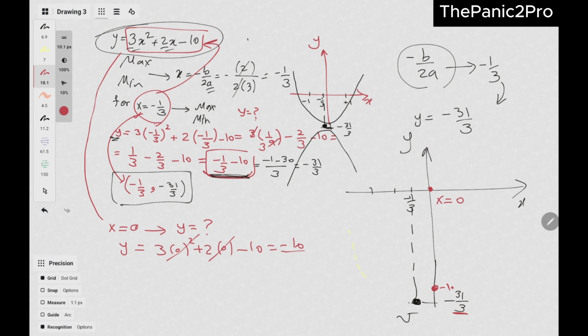So if I am sure that these two points must be on a quadratic equation, there is no way that this has to go up like this. So then this is definitely a minimum point, not a maximum point like this.